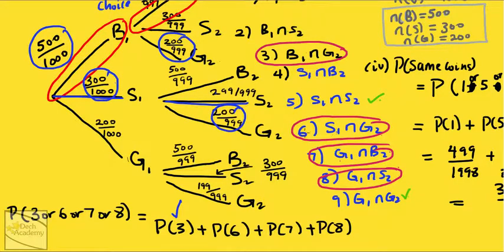Similarly, for event 7, you do the same thing: G1 and B2. Multiply the probability of G1 by the probability of B2, and you have the probability of event 7. For the probability of event 8, you multiply the probability of G1 by the probability of S2, which is this one here. Then all you have to do is add them all up together, and that's your answer.